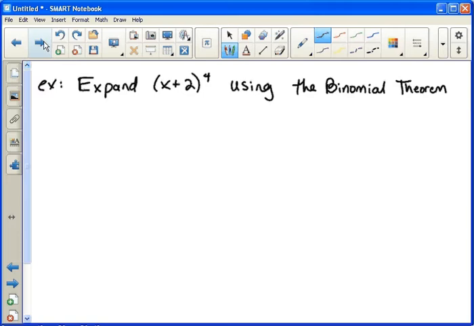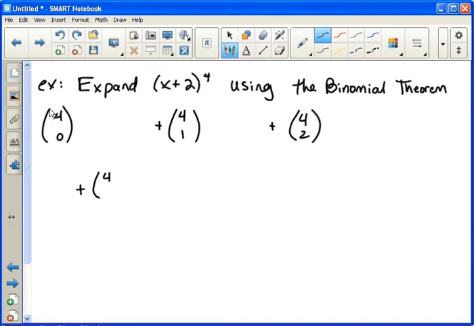We would have 4 choose 0, plus 4 choose 1, plus 4 choose 2. I'll just go ahead and go to the next line. Plus 4 choose 3, plus 4 choose 4. And I know once the numbers match, I've gone far enough. And again, you should have one more term than your n, or your exponent. So our exponent's 4, we should have 5 terms.